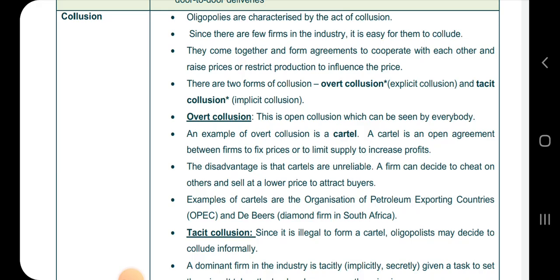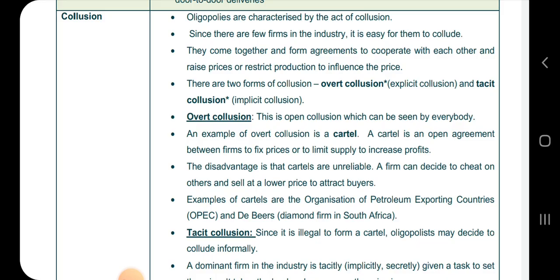So, collusion. Oligopolists are characterized by the act of collusion, so they can collude. Since there are few firms in the industry, it is easy for them to collude. They come together and form agreements to cooperate with each other and raise prices or restrict production to influence the price.